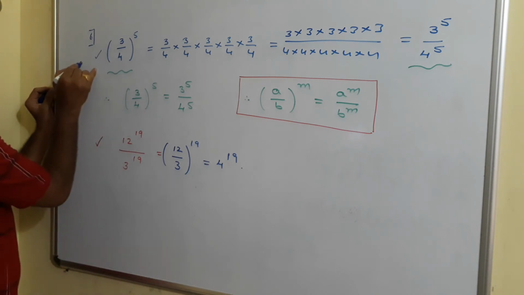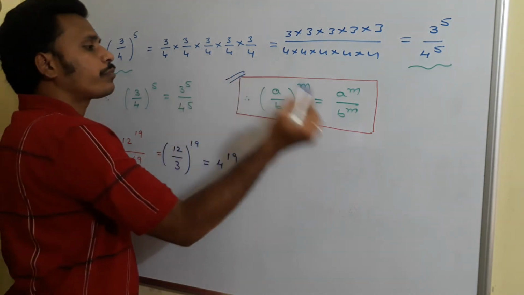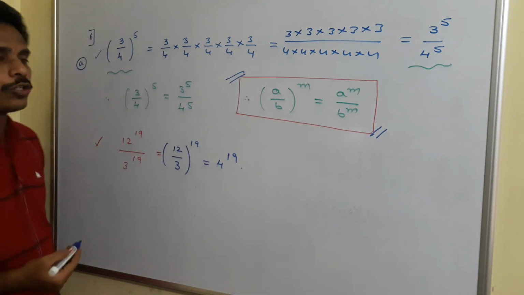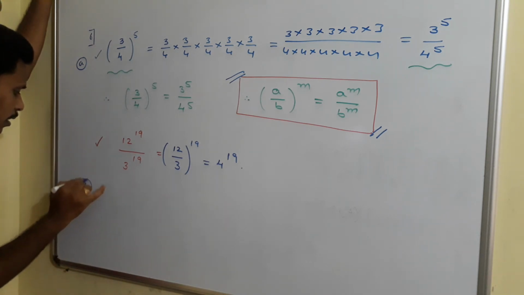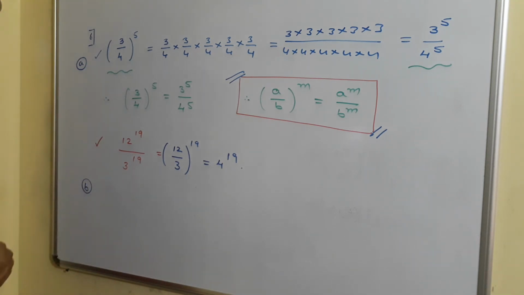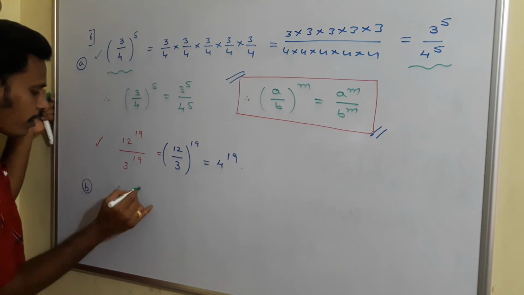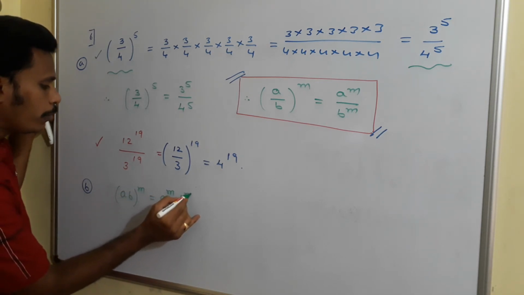Okay, so you just consider it as 6a. In 6a, I just mentioned another law of exponent, which is a by b whole to the power m is equal to a power m by b power m. In the same way, there is a chance to establish a similar law for multiplication, and that is ab whole to the power m is equal to a power m into b power m.